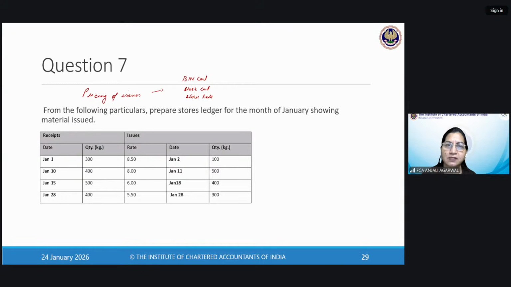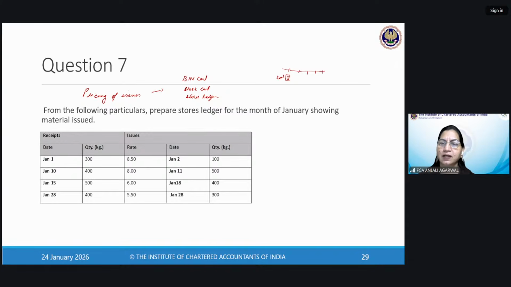So what happens is, if there are many types of raw material, and this is your store, everywhere you have kept the raw material, you will put a bin along with it, a card along with the bin, where you will have the complete information like the reorder level, maximum level, and minimum level of this particular stock.